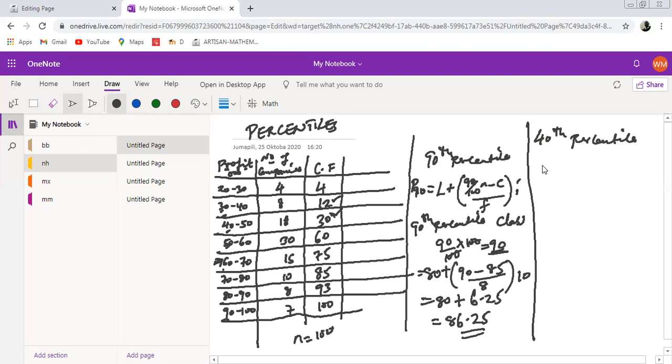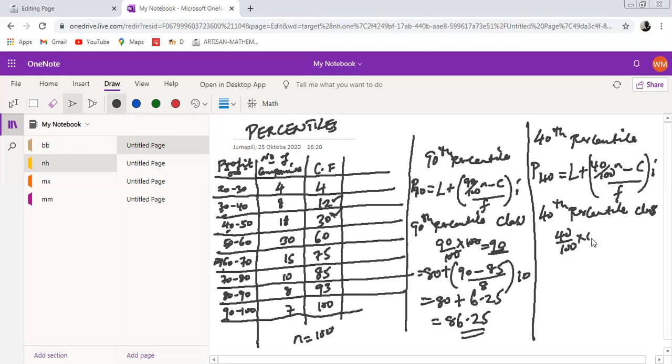The 40th percentile, denoted as P40, will be given by L plus 40 over 100 N minus C over F, and then we multiply by I. In that case, we need to locate the 40th percentile class, which is located by working out 40 over 100 times 100, which is 40.